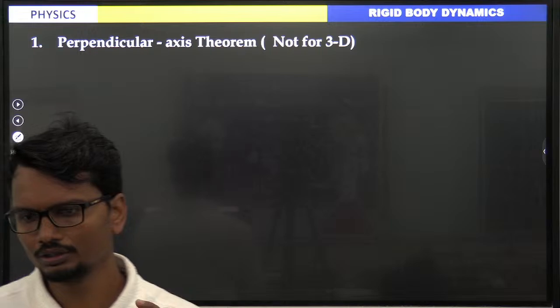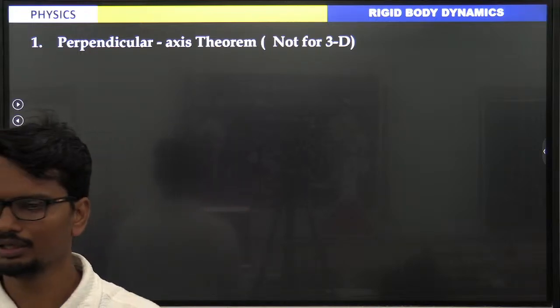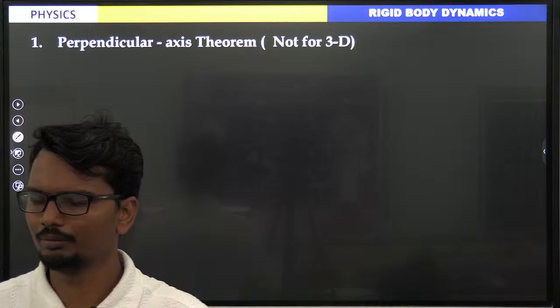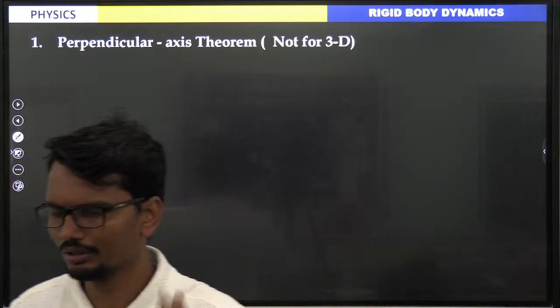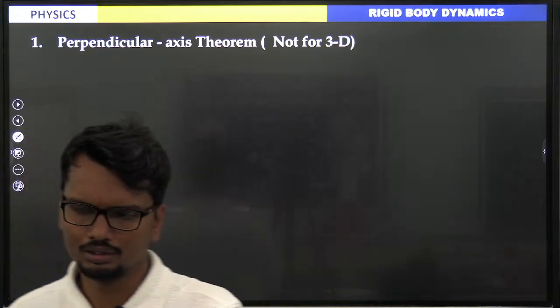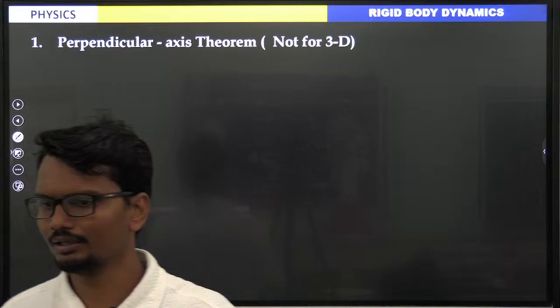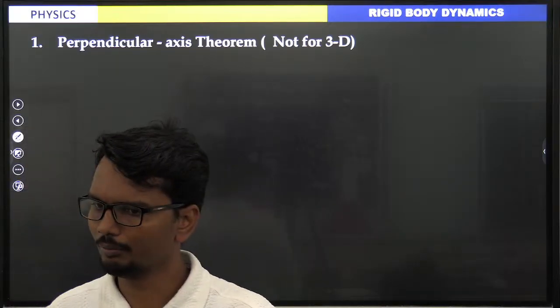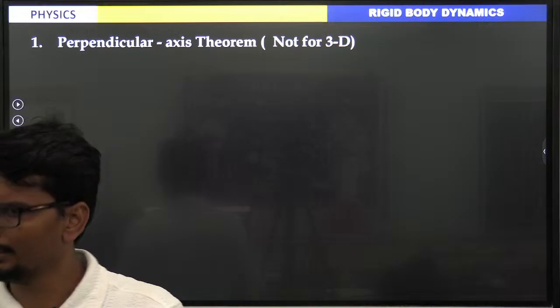By using these theorems, we can find the moment of inertia about any axis, about the diameter, about the tangent, whatever axis is given in the geometrical figure.